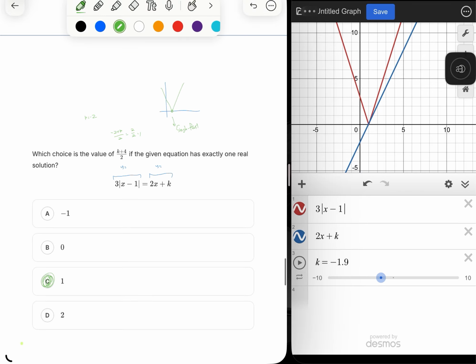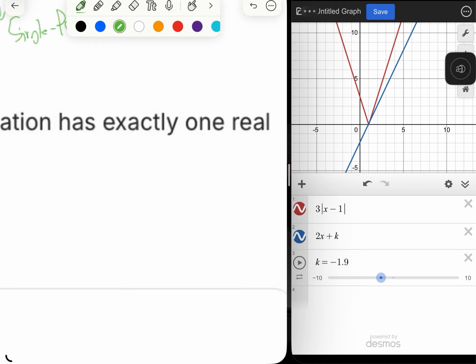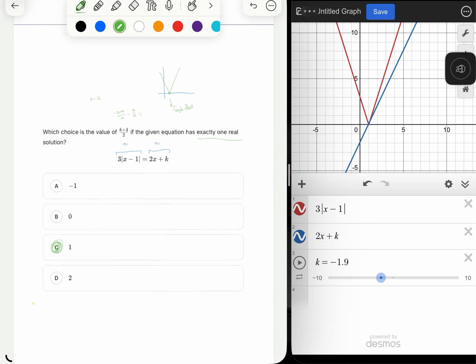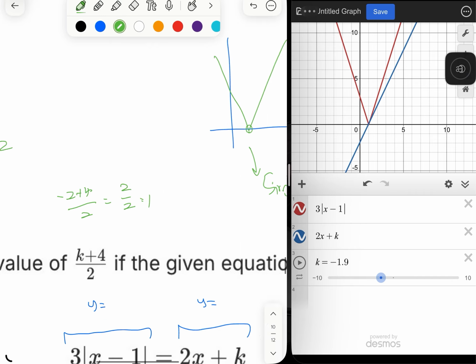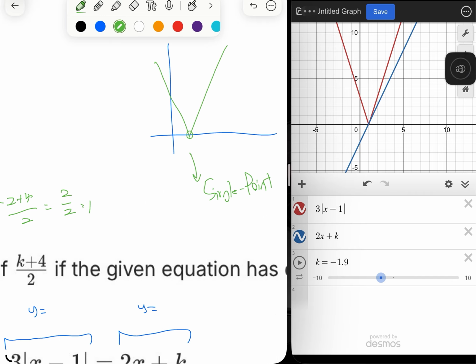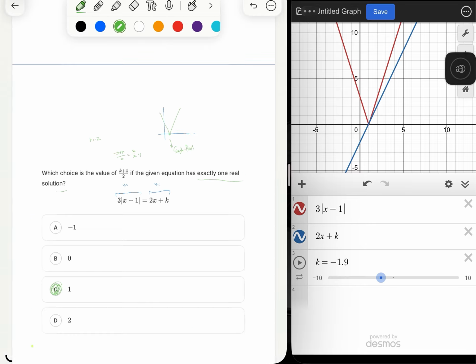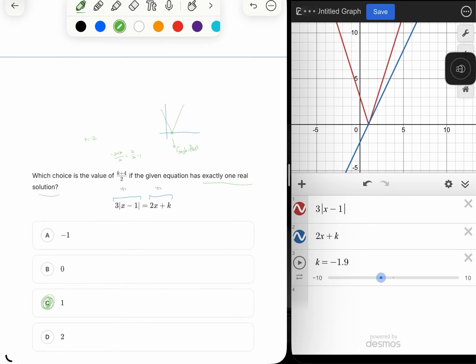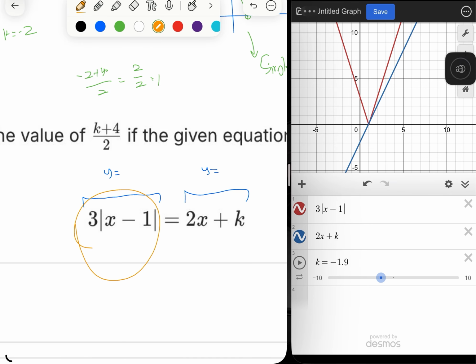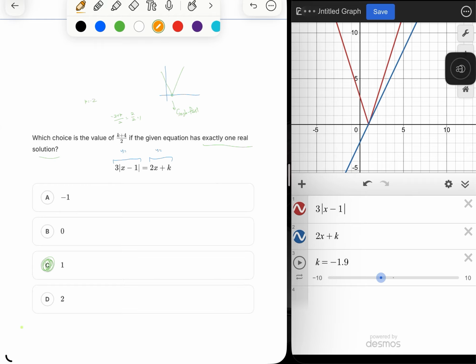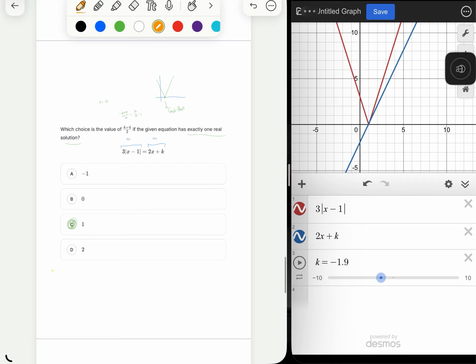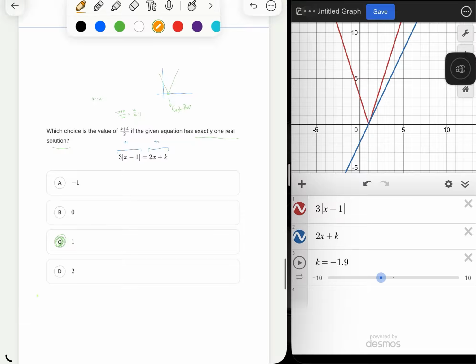The key thing to have is that your equation has only one real solution, because you're focusing on a single point, and second, it has to involve an absolute value. And this is applicable for any type of question where you have one solution and an absolute value. So hopefully that made sense.